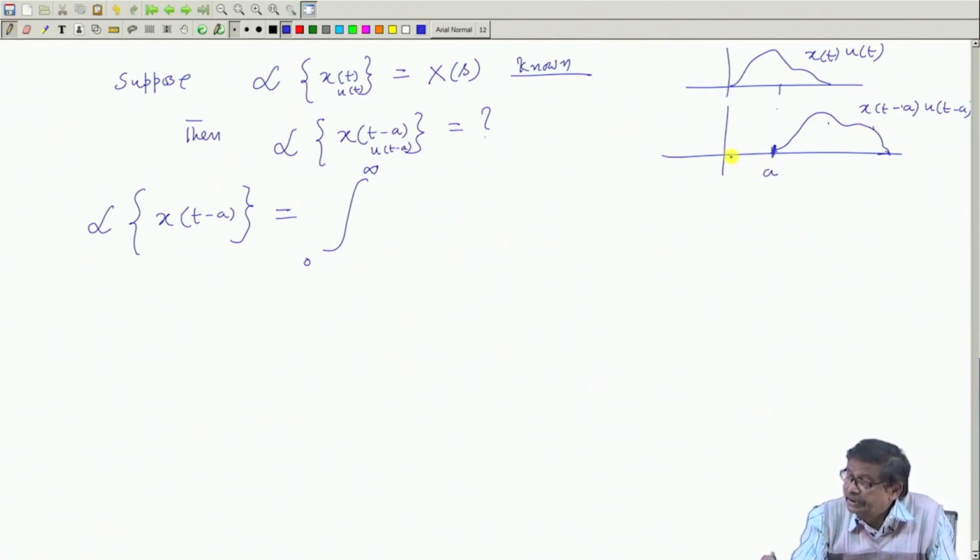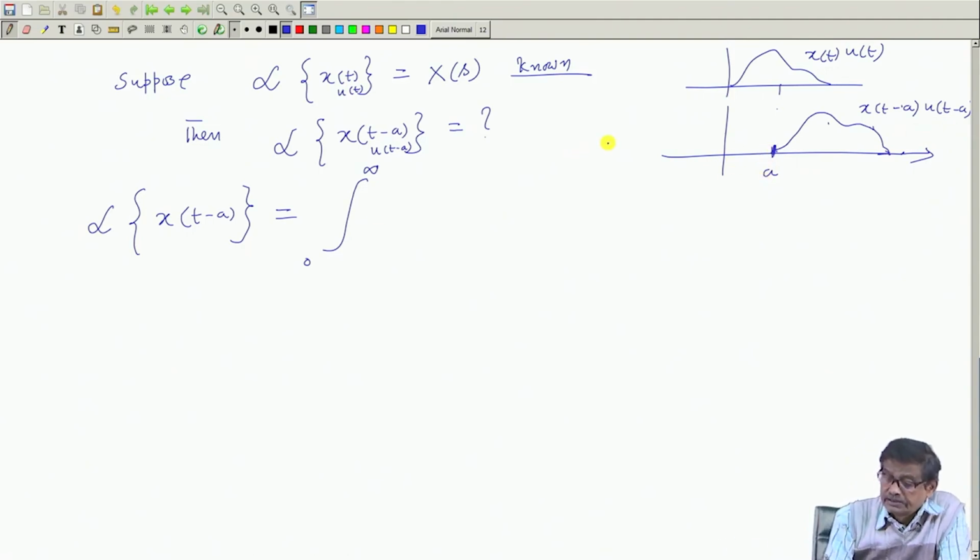So, it is shifted to the right. How can it shift to the right? If the curve bodily shifts to the right by an amount a in the time domain, and then you multiply it with u(t minus a) so that this part vanishes, it becomes a causal signal. So, this is the Laplace transform of this into u(t minus a), I mean that.